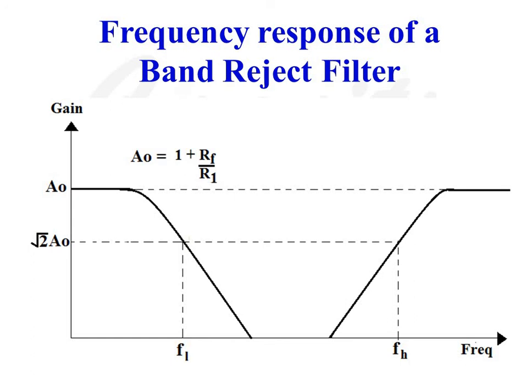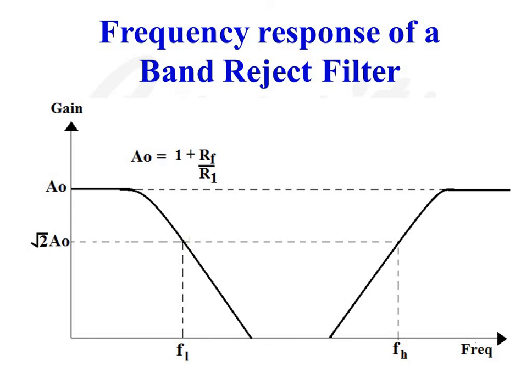Between the cutoff frequencies FL and FH, output of the active low pass filter as well as output of the active high pass filter is equal to 0. For the non-inverting summing amplifier, both inputs are at 0, so its output is equal to 0.